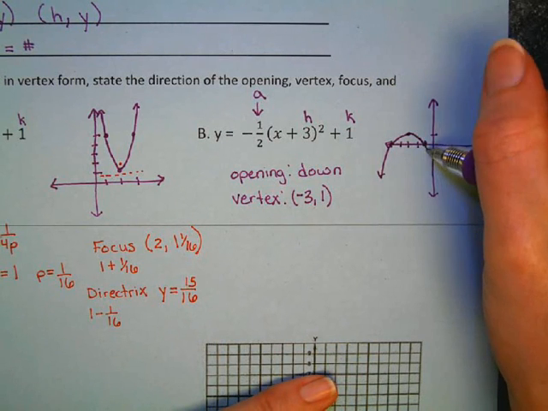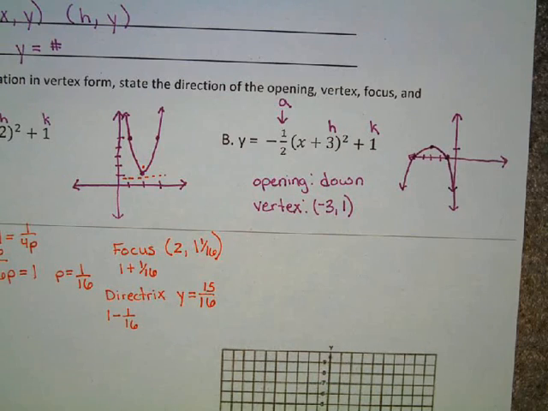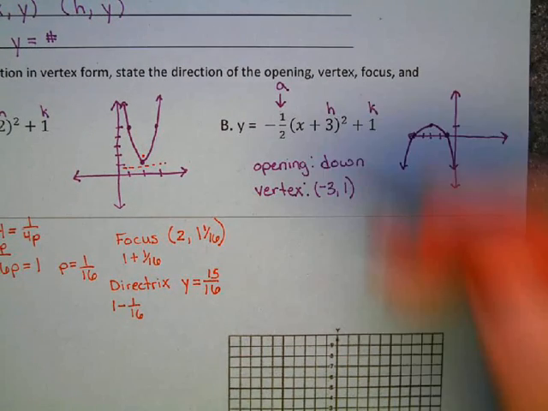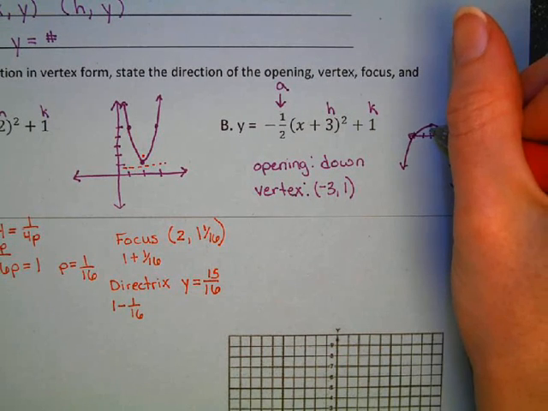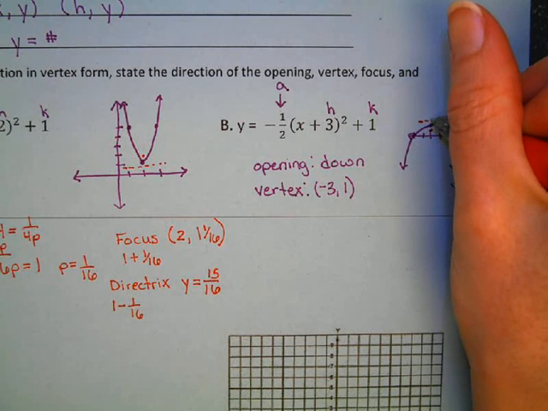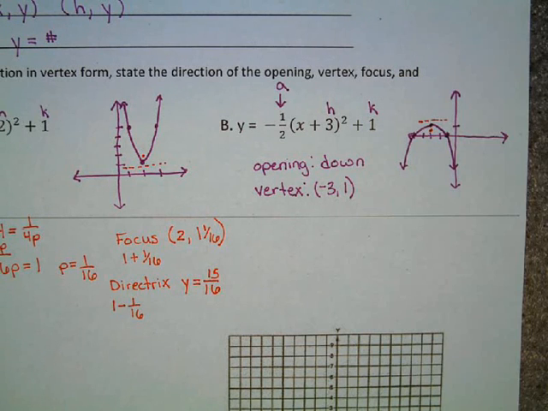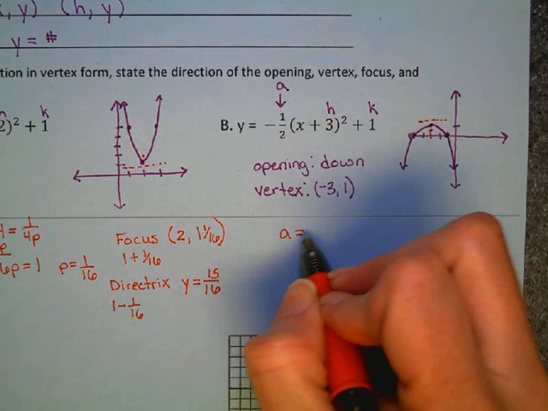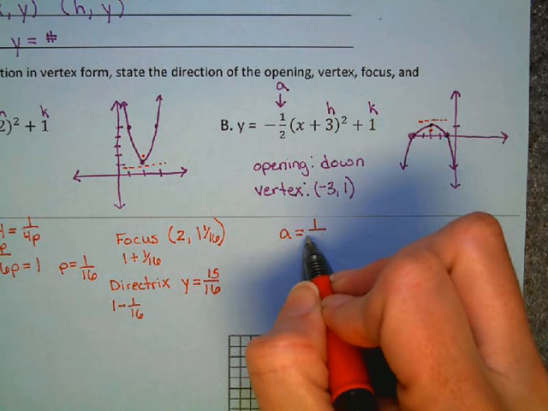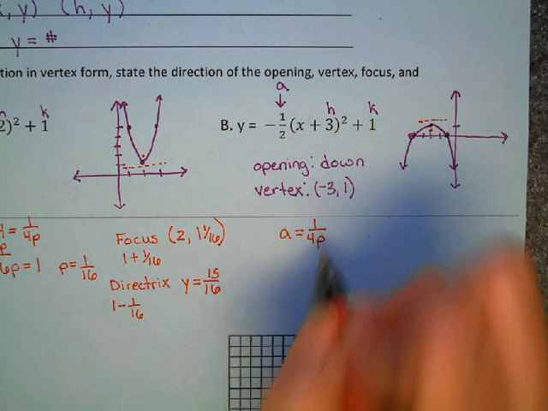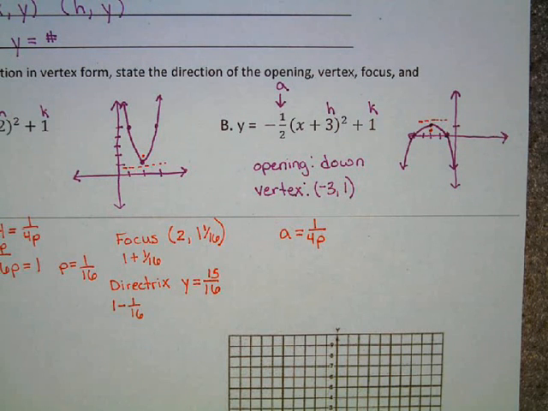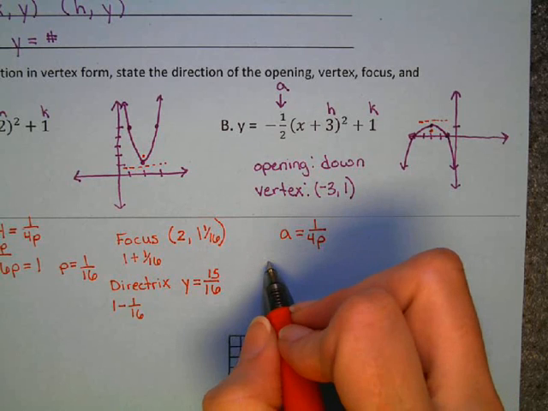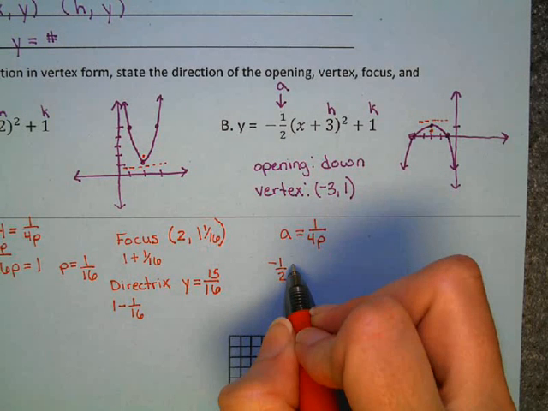So looking at that picture, I know the focus has to be somewhere in here, and the directrix is going to be somewhere up here. So we need to solve for P in order to figure that out. So A equals 1 over 4P. Our A value for this one is -1/2. So -1/2 equals 1 over 4P.